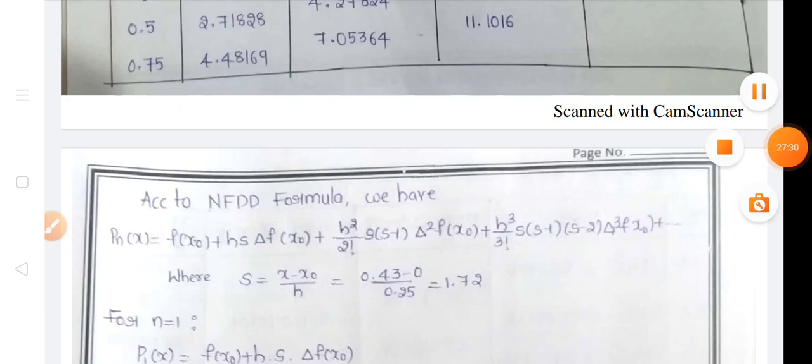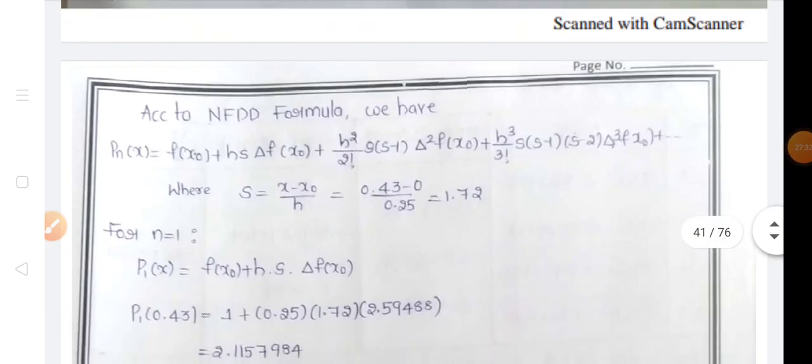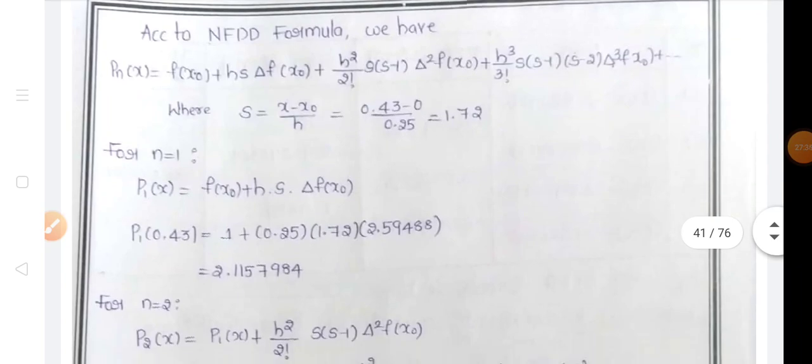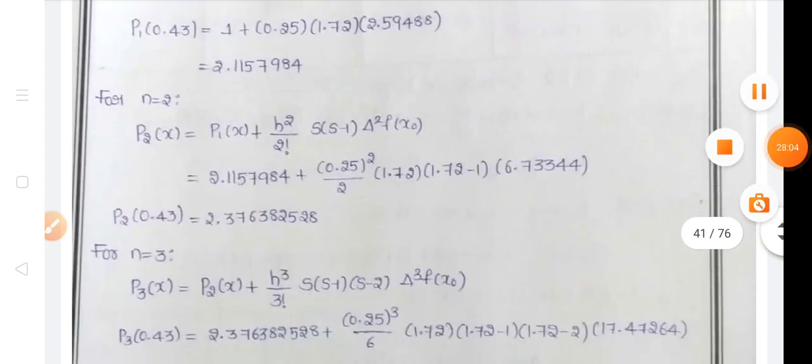For n equals to 1, P1 of x equals to f of x naught plus hs delta f of x naught. P1 of 0.43 equals to f of x naught 1 plus h 0.25, s 1.72 into delta f of x naught 2.59488. After simplifying, we get the value P1 of 0.43 equals to 2.1157984.